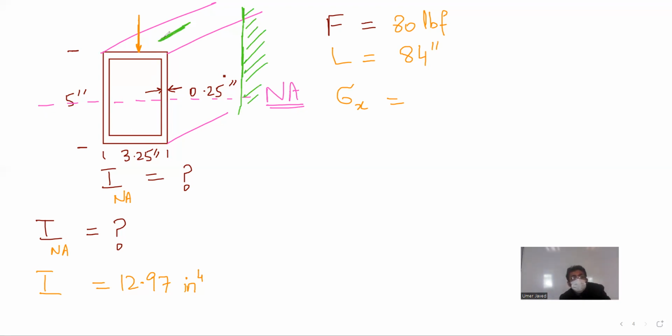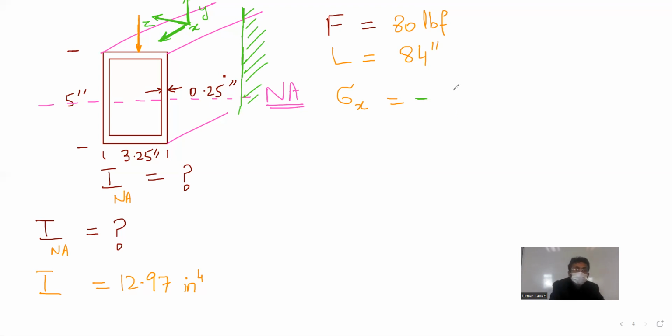If this is your X, this is your Y, then your Z will be in that direction. So stress X is equal to minus... the moment is in positive Z direction.